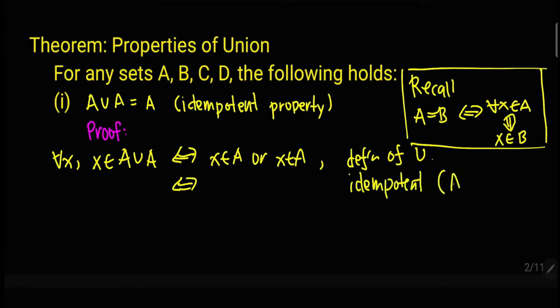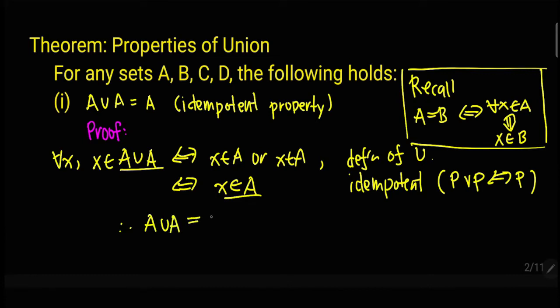Meaning, if you have a statement P or P, then that's equivalent to the statement P. So this is just the statement X is in A. So we started with X being in A union A and we end up with X is in A. Therefore, we conclude that the left-hand side, since this is an if and only if statement, is the same as the right-hand side. And we are done.